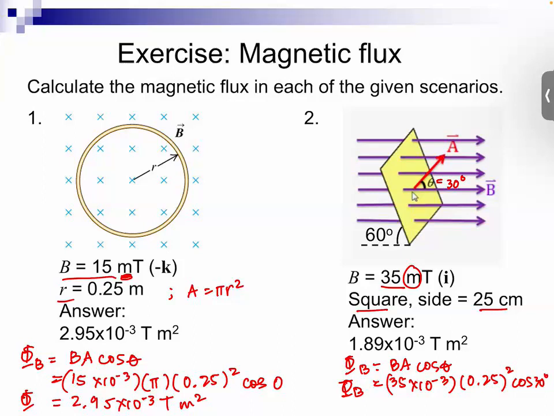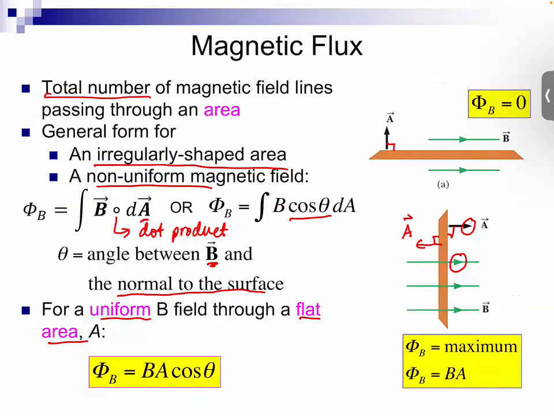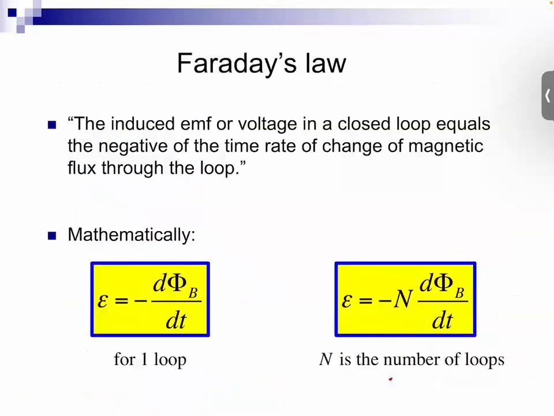Right, we're happy with how to calculate magnetic flux. So this is how we calculate magnetic flux. Now, our definition of electromagnetic induction involves magnetic flux, but electromagnetic induction, meaning magnetic fields creating currents, is formally defined by Faraday's law.